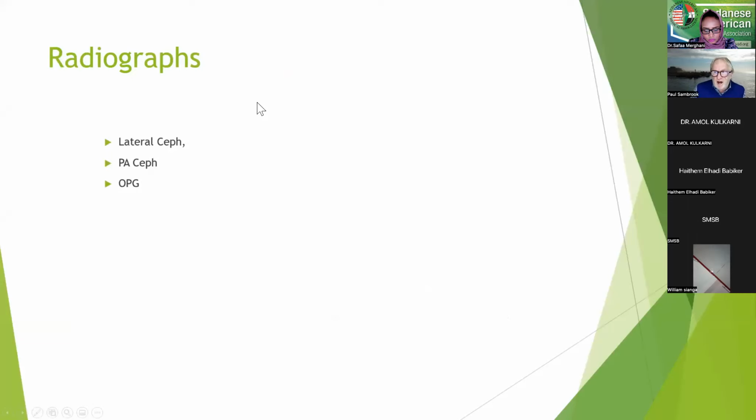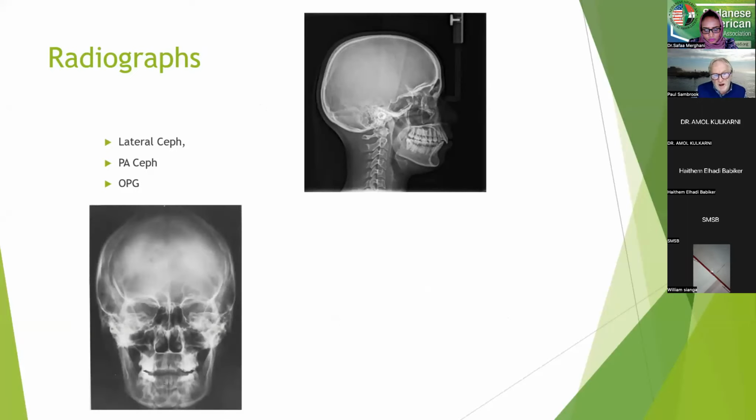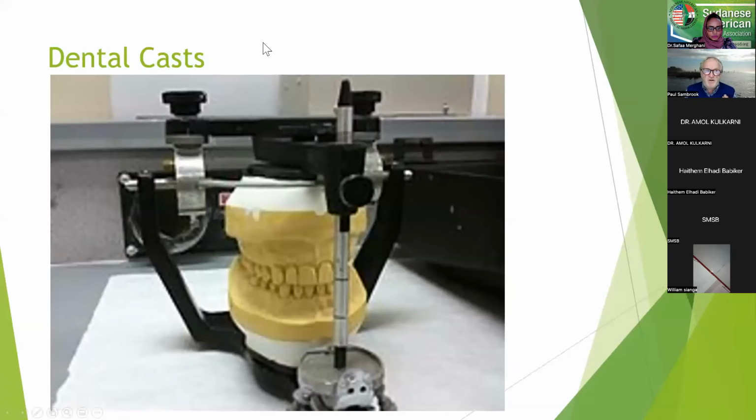Previously, we've relied on plain radiographs, lateral head cephalometric x-rays, PA ceph, and the OPG. And with those, we planned our cases in a two-dimensional way, looking at how things may turn out.